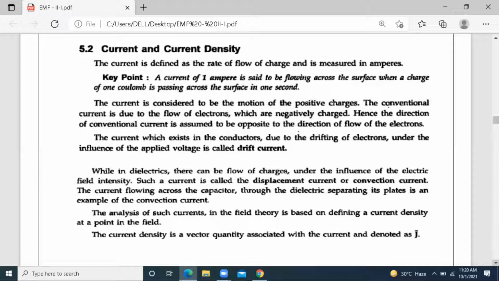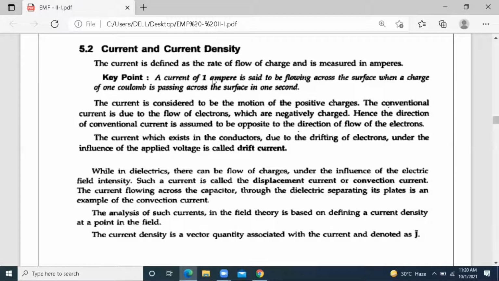So let us just read through this for a minute. Current and current density. You know, current is defined as the rate of flow of charge and is measured in amperes.